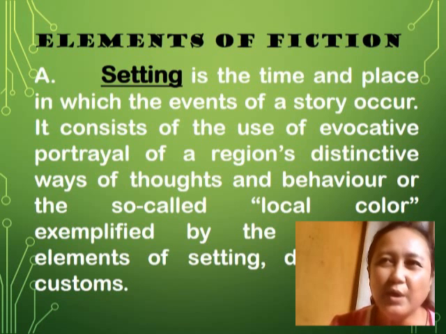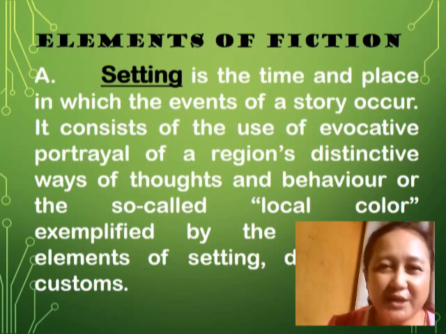But now we are also known as the rodeo province. That's the center of rodeo. So we have to include that in our description, in our introduction of the setting.